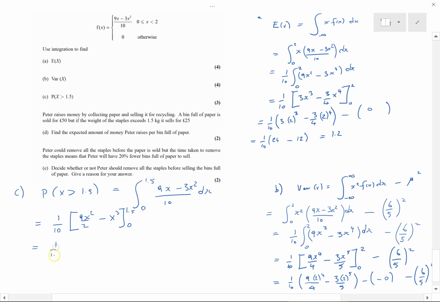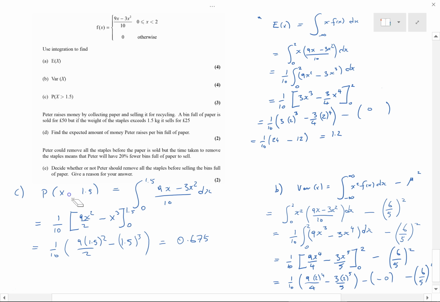So that equals 1/10 times 9 times 1.5 squared over 2 minus 1.5 cubed. Again, the 0 is not going to give us anything, so I'm going to leave that bit out. If I work that out, that's going to be equal to 0.675.